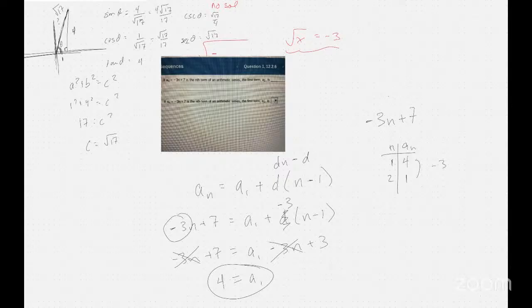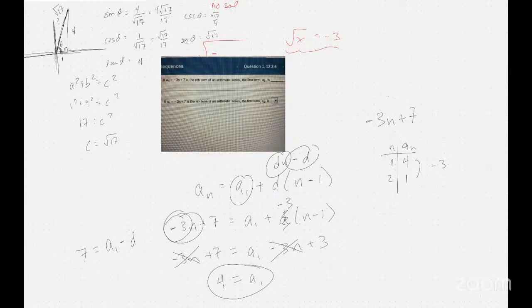That's a little bit harder to think about. You could have thought to yourself that 7 must equal whatever a sub 1 is minus whatever your d is. And your d, again, was negative 3. So a sub 1 plus 3 equals 7. That's another way you could do it.